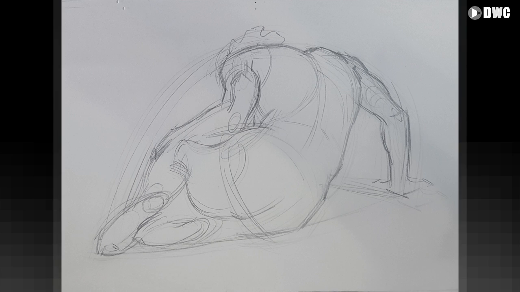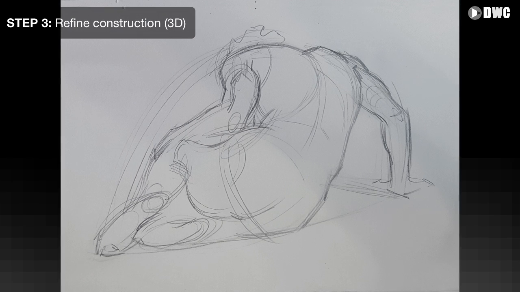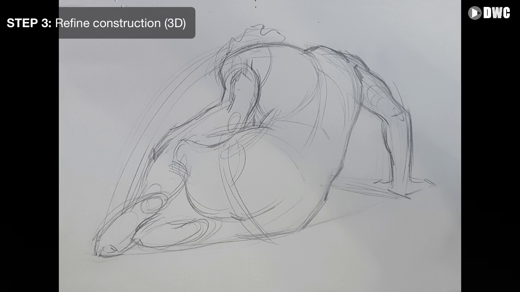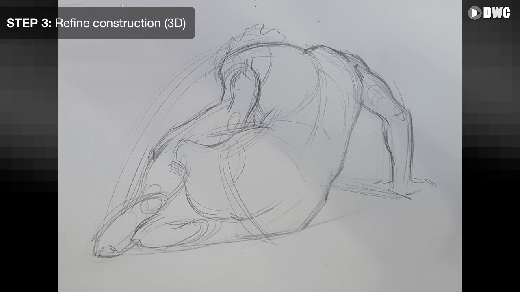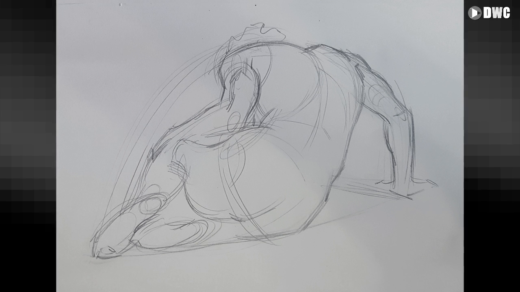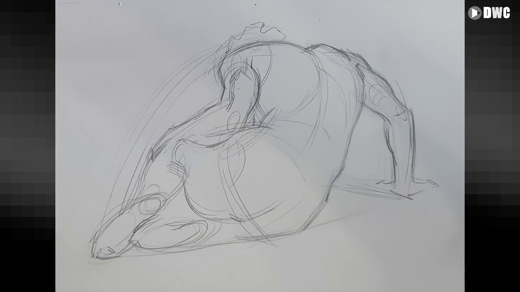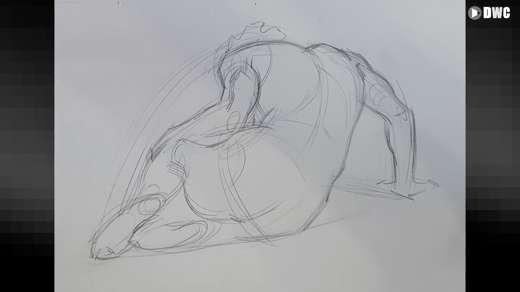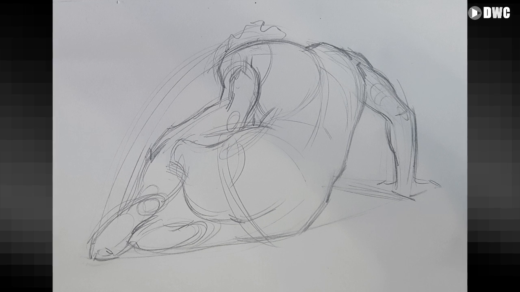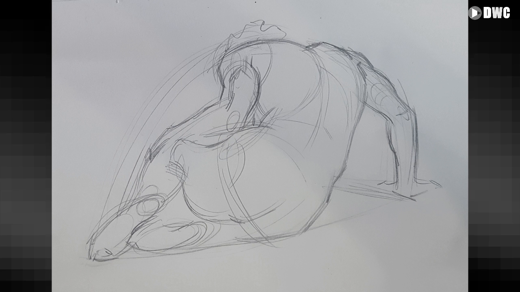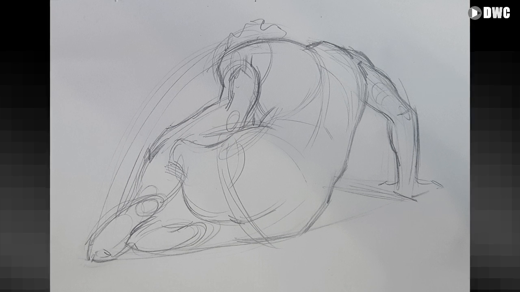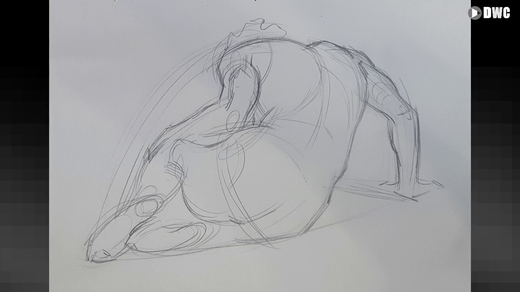And the next image here, I guess this is step 3, would be refining. Just refining the construction, going from a simple tube to a tube with a sphere, an oval, or a football shape, adding the mass of the muscle, the bicep, or the tricep in this case, drawing big spheres for the deltoid, the shoulder muscle, and so on, and adding some of the secondary anatomy.